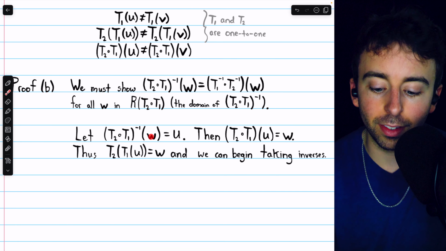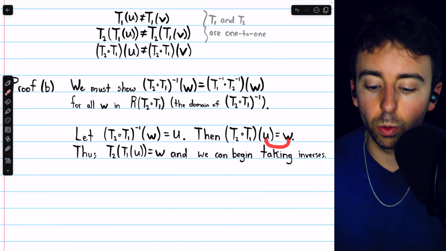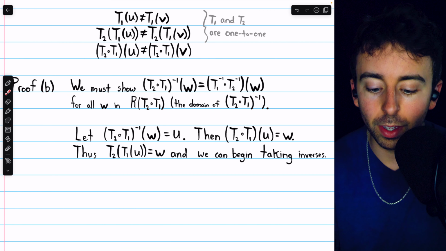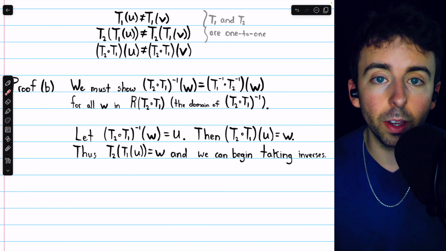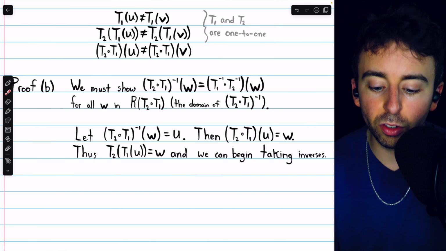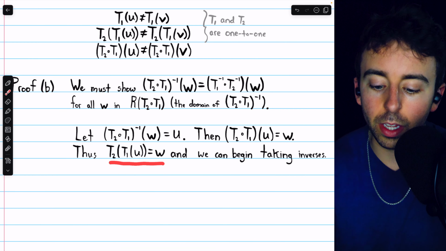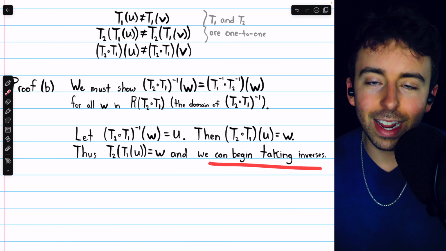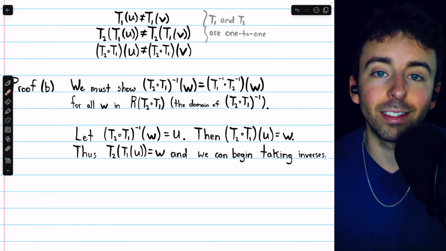For the inverse to send w to u means that the original function must send u to w. So T2 of T1 of u is equal to w, because remember, the left side, by definition of the composition, is just T2 of T1 of u. Now we're going to start taking inverses on both sides of this equation, and we will arrive at the desired result.